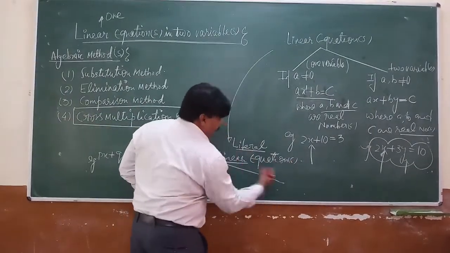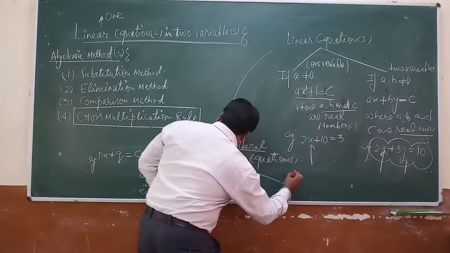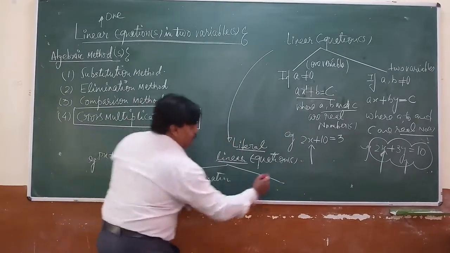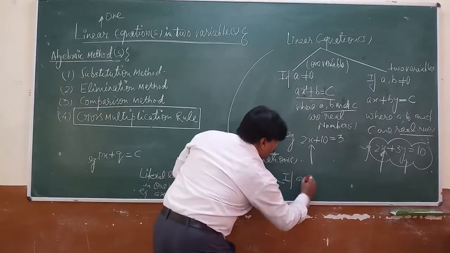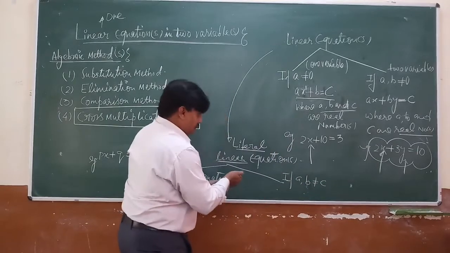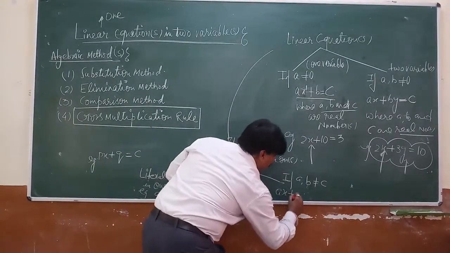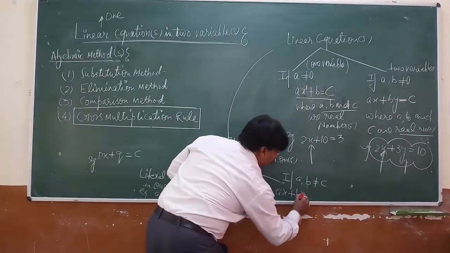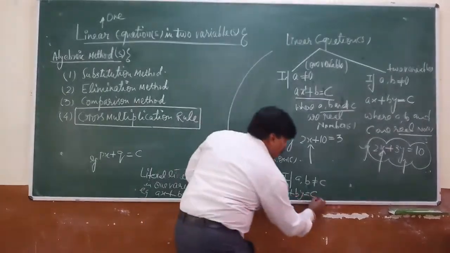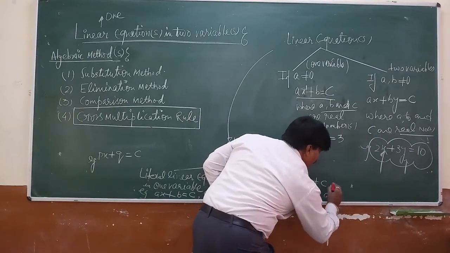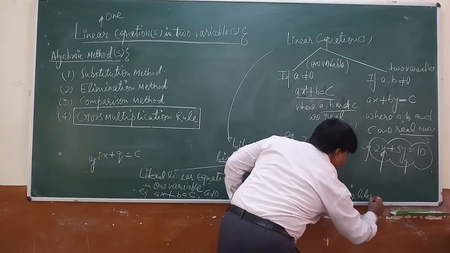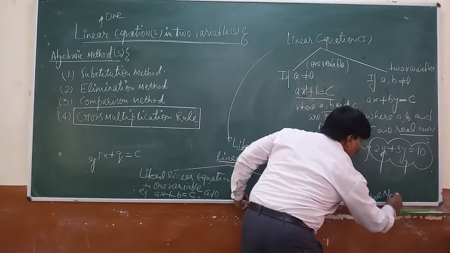Similarly, literal linear equation in two variables. The standard form, remember the condition, is that if a and b are not equal to 0, then ax plus by is equal to c is a literal linear equation of two variables, but where a, b and c are literal numerals.